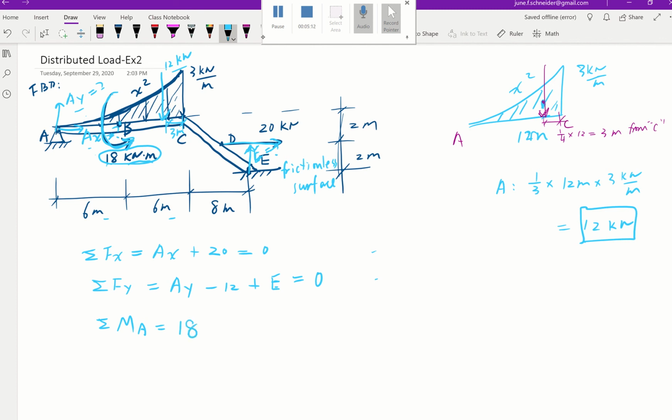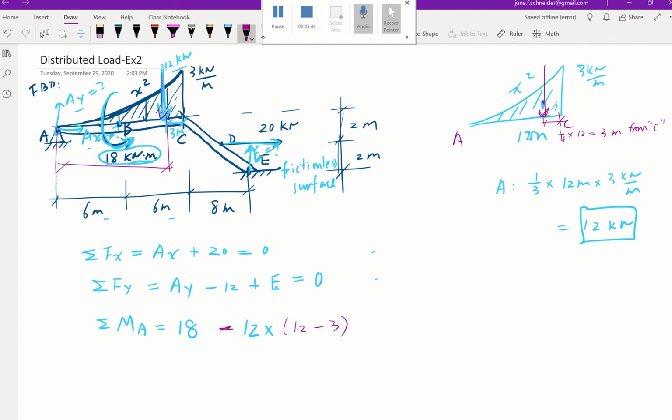Then we'll have this equivalent concentrated force, 12 kilonewton, rotating about A. So the moment arm is going to be from here to here. Knowing this entire length is 12 meters and it's 3 from C, it will be 9. And that force rotating about A is clockwise, so it's going to be negative.